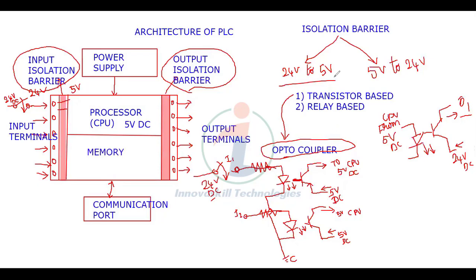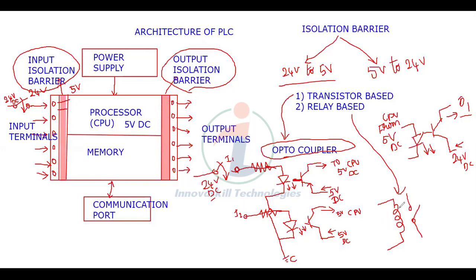So this is how the isolation barrier will be protecting the processor, both in the input side as well as output side. Now this is the function of transistor based isolation barrier. If it is relay based, instead of transistor, there will be relay. Relay means the function will be like this.